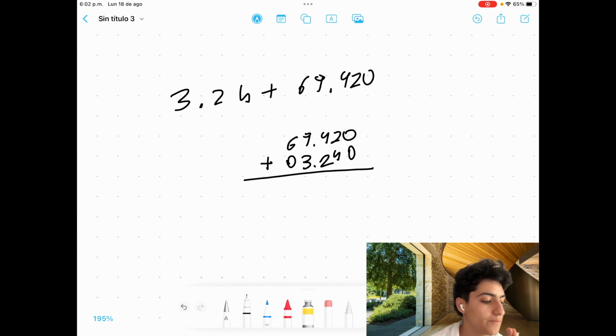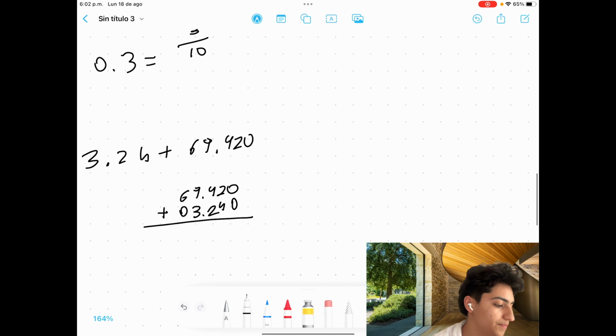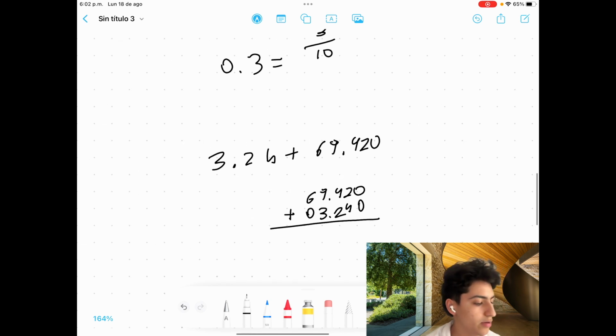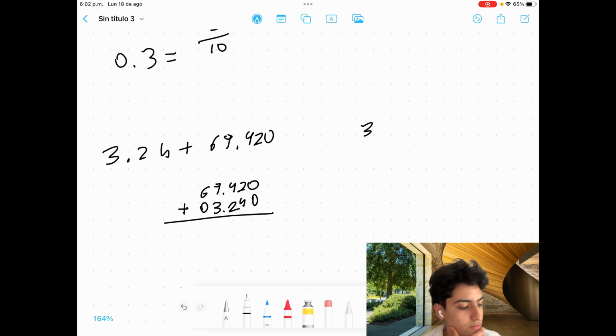Okay, now there's another key point that we gotta understand, and that is that whenever we are performing calculations that are different in signs, so for example in here we both are, this is basically a sum, they have the same sign. Let's say that we have minus 3.24 plus 69,420.